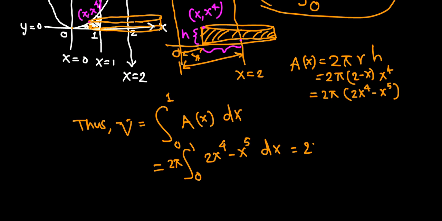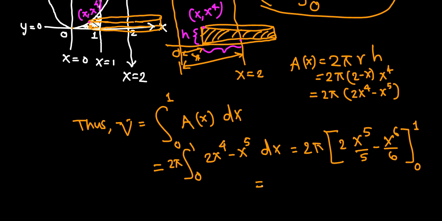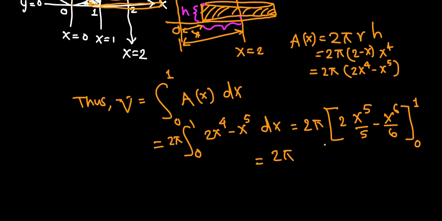Let's integrate, with 2 pi outside. The integral of 2x to the fourth is 2 times x to the fifth over 5, minus the integral of x to the fifth, which is x to the sixth over 6, and we are evaluating from 0 to 1. So 2 pi, and let's evaluate this function at 1.